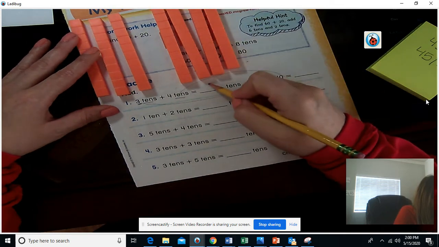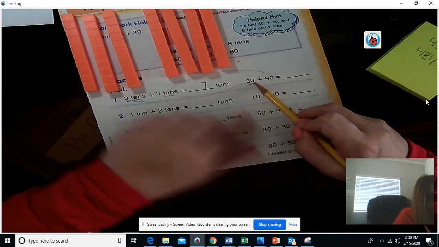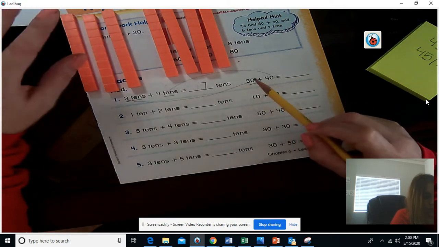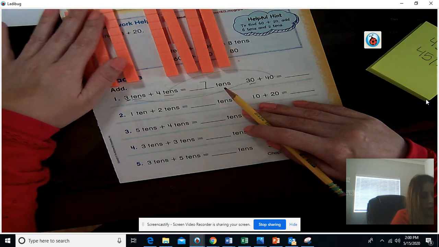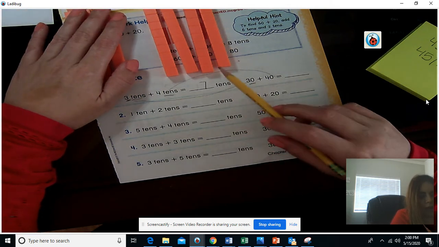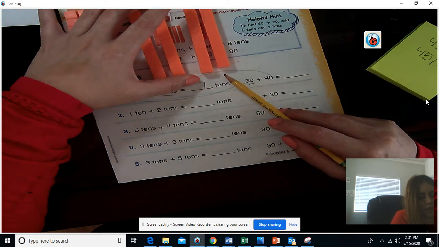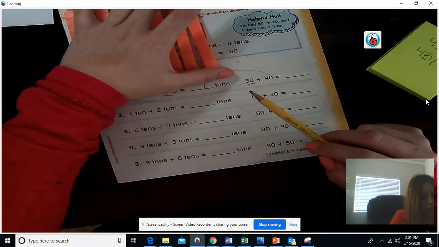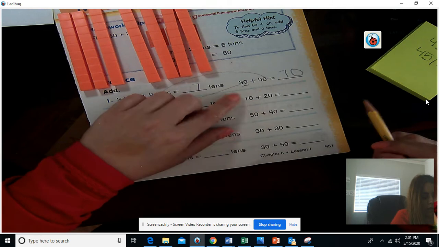We have 7 tens, 7 groups of 10. Now over here, we can do this two ways. We know that this one has 30, 10, 20, 30, and then we're going to add these. 30, 40, 50, 60, 70. So that's 70, I'm sorry.